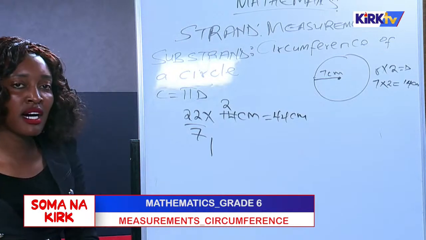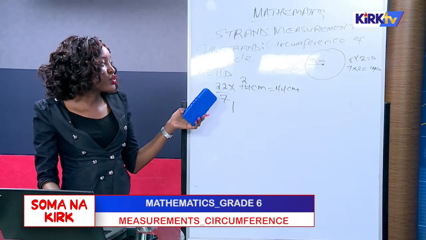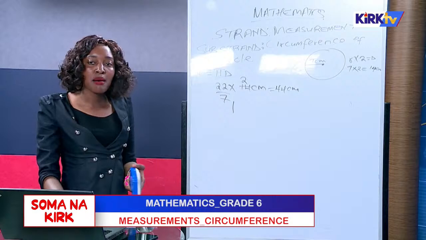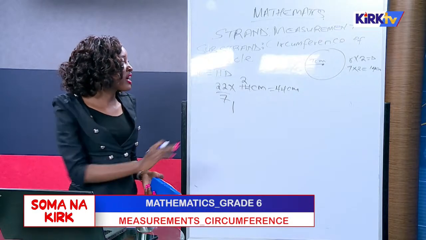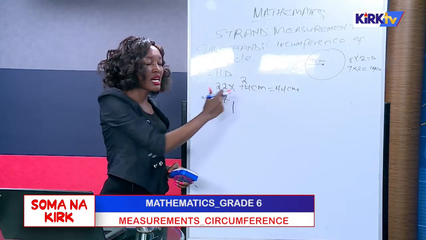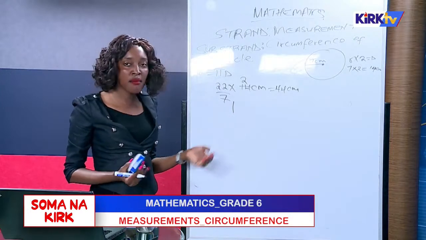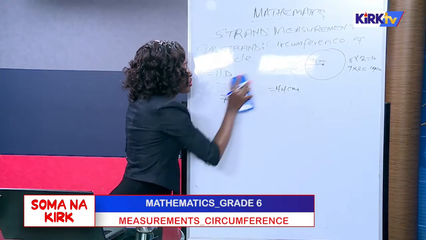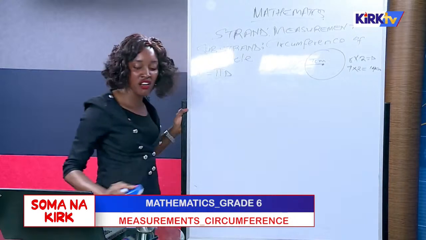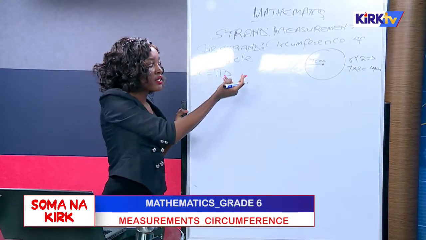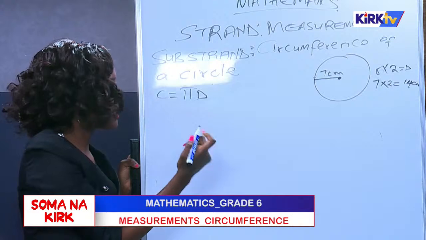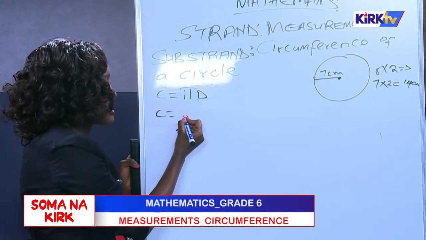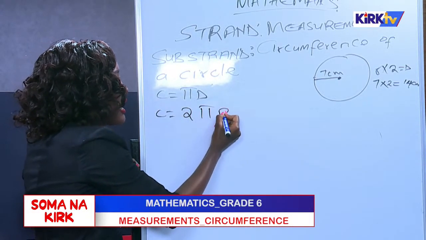But sometimes you might find you're confused. Sometimes I find my learners forgetting that one is radius and they use it as the diameter. Sometimes we have another formula. In case you're given radius, not diameter, you can take your circumference as 2 pi r.